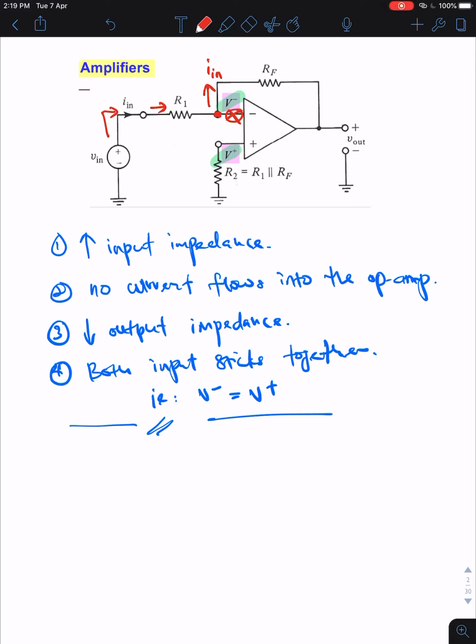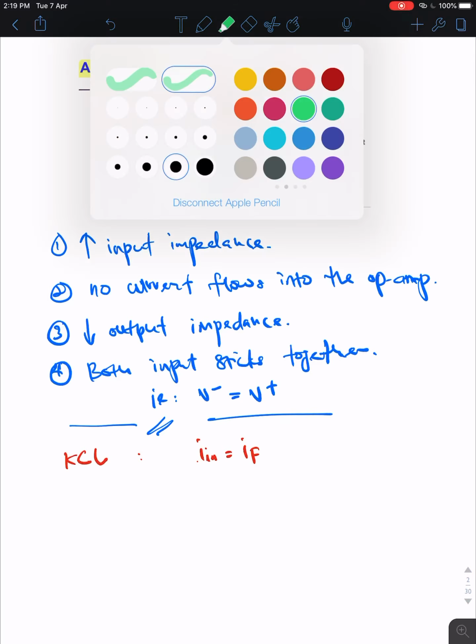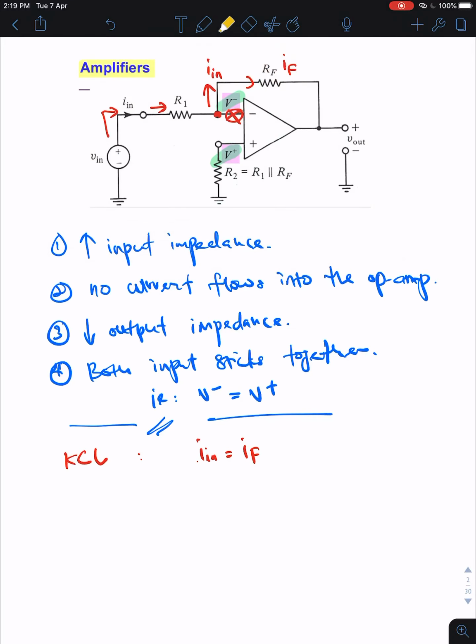The current that passes through RF we define here as IF. So using KCL, we say that I in equals IF. The I that flows here goes upwards.